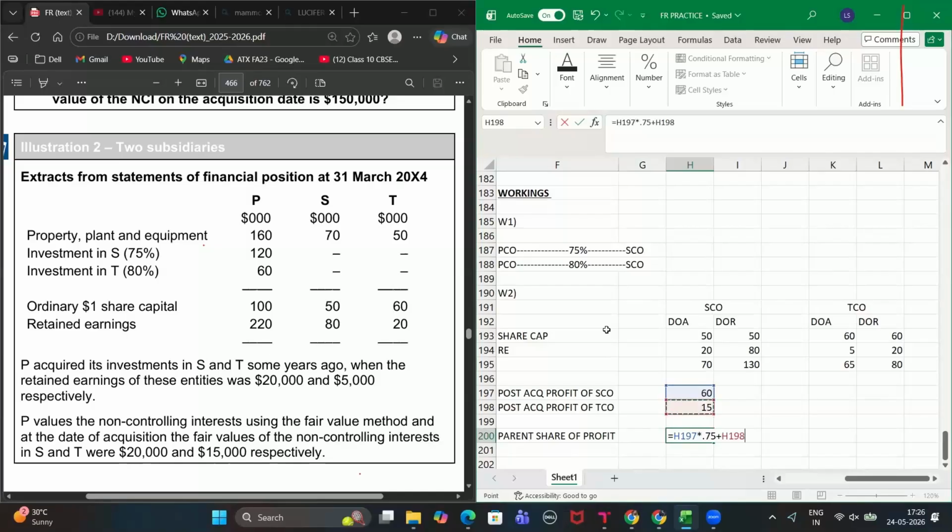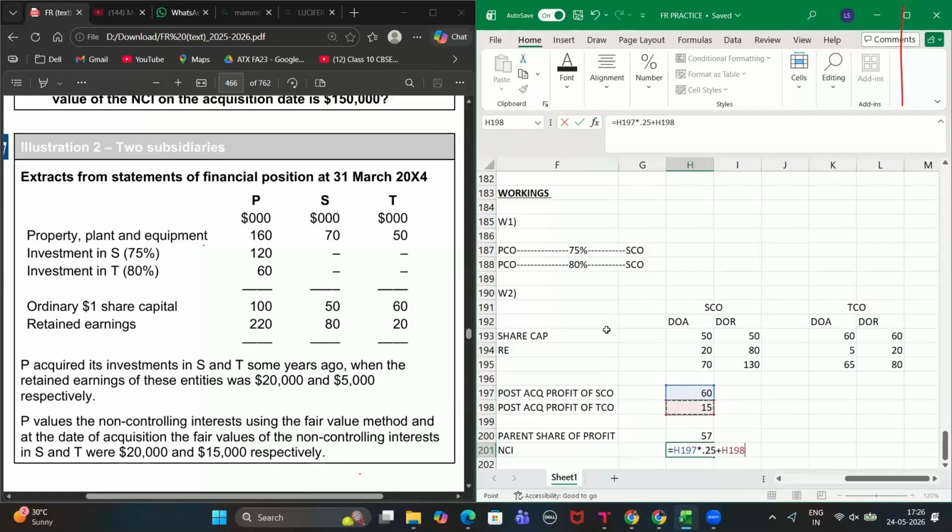Plus, what about T company? What is the investment in T company? 80. So it is 0.8. So how much is it? 57. What about NCI? In the case of S company, how much is the percentage? 25, right?